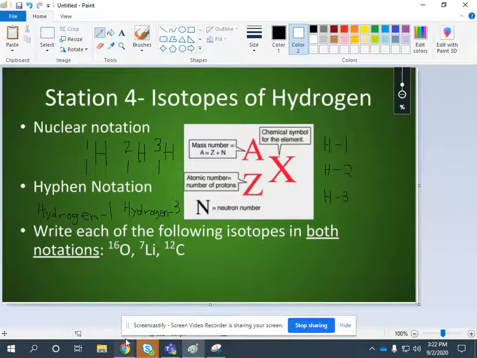So your task on the next slide is to write out both notations: the nuclear notation shown in these examples and the hyphen notation shown in these examples for these 3 isotopes. So in the next slide, you'll have a chance to practice writing the notations for all 3 of these practice problems.